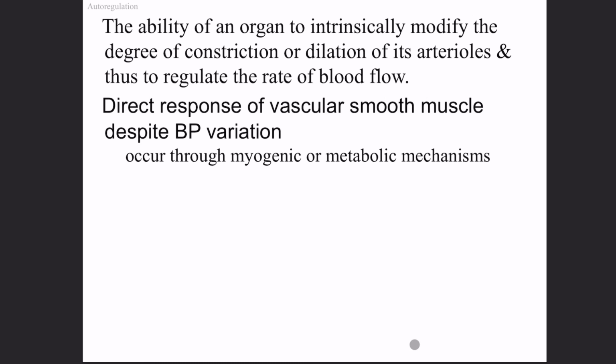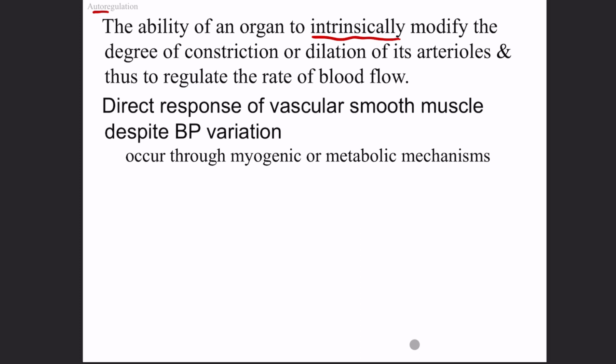So this is an example of autoregulation. Auto means self, right? So this organ, the blood vessel itself, is regulating itself. So autoregulation is the ability of an organ to intrinsically, so it comes from itself, modify the degree of constriction or dilation of its arterioles, and thus regulate the rate of blood flow.